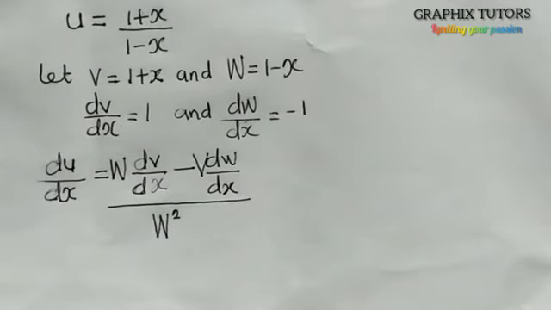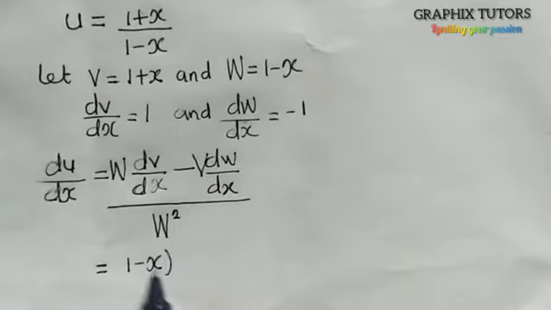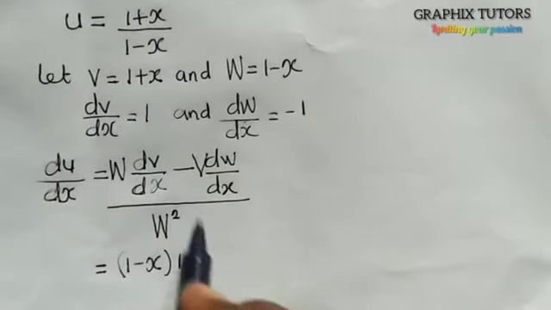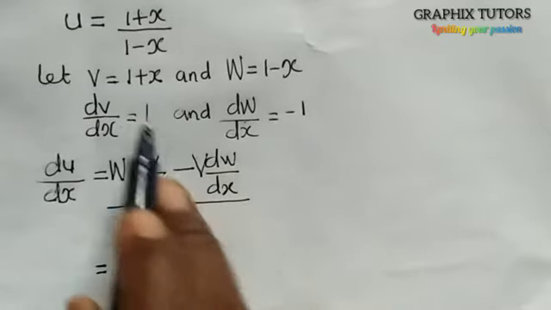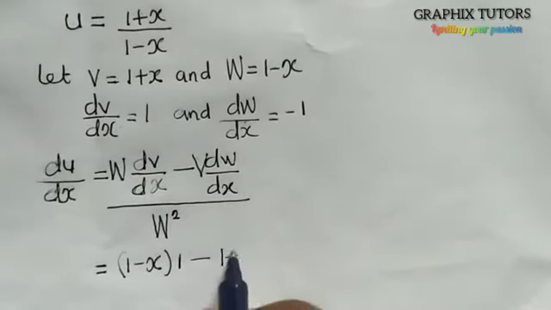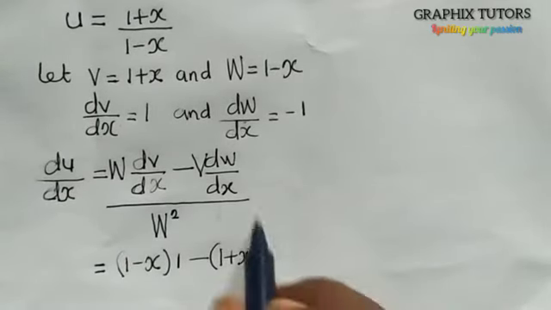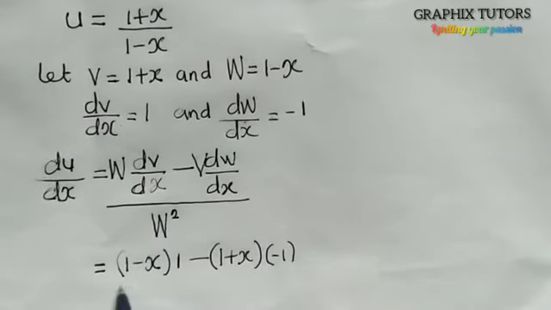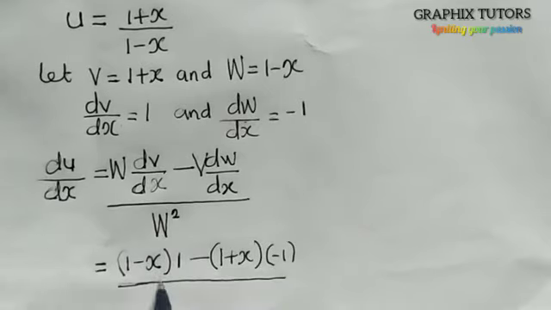Now if I start inputting my values, my w is equal to 1 minus x, right? And dv over dx is equal to 1. This is dv over dx, 1 minus my v, which is 1 plus x, in the bracket. Then my dw over dx is minus 1. So I'm going to divide everything by w squared.